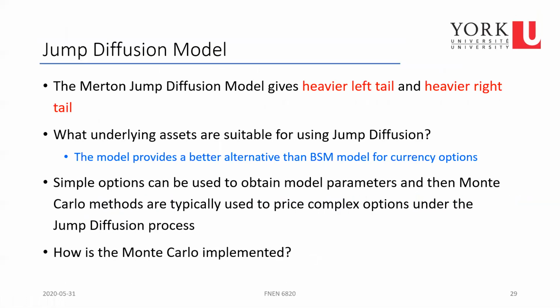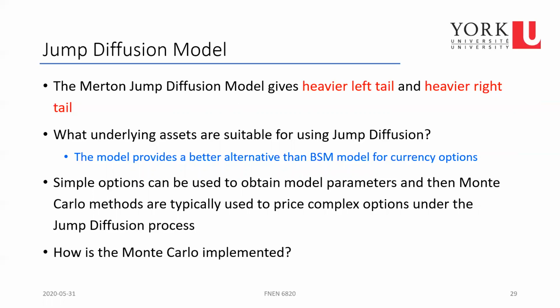Now, once you have done that, you can obviously calculate the option price based on that quasi-closed form solution. As we mentioned earlier, you're not going to use it to calculate simple options.